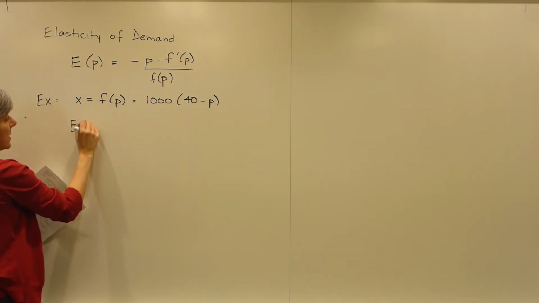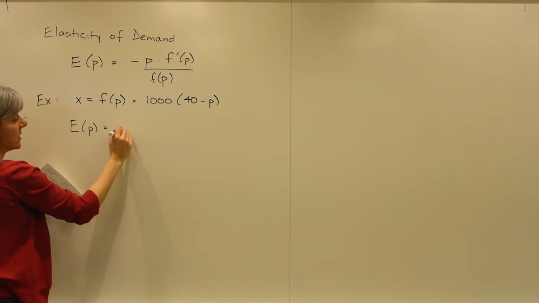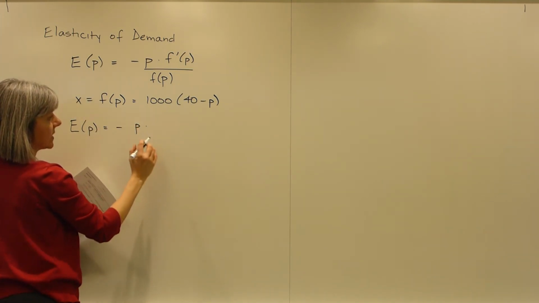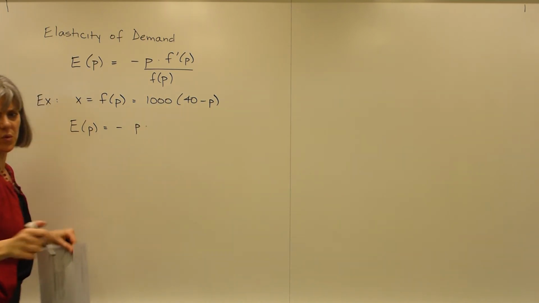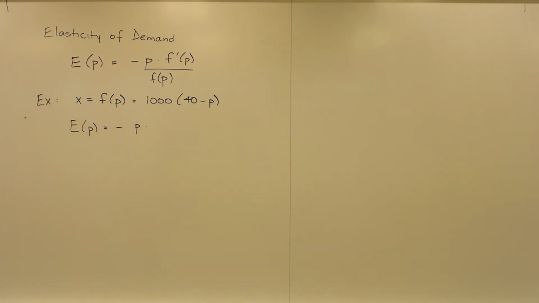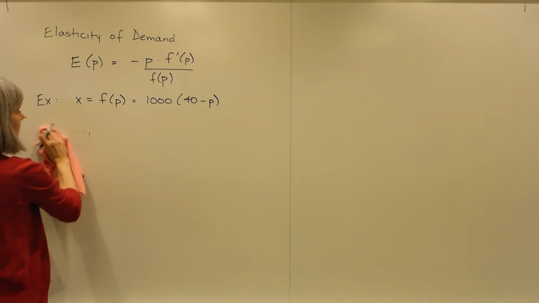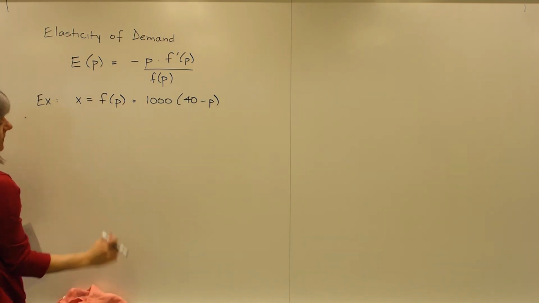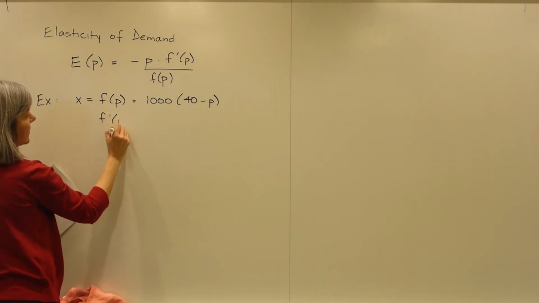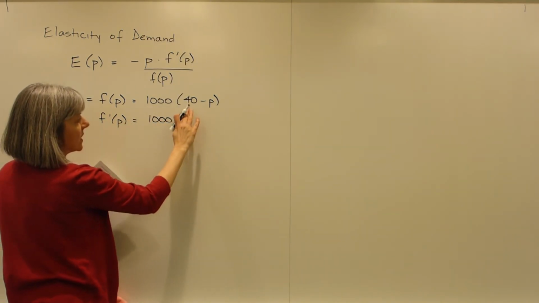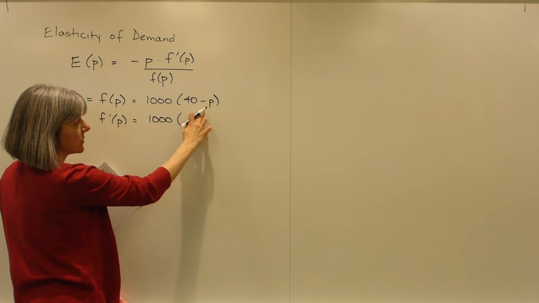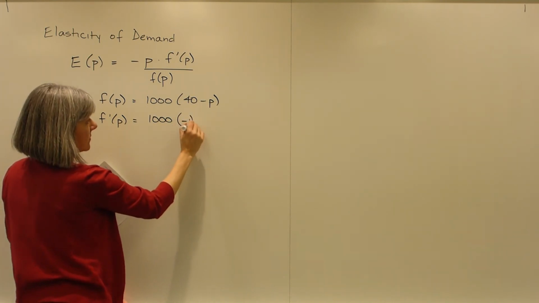So the elasticity of demand is negative P times the derivative of this. So before we get to this point, we may want to write out that derivative. Let's do that. F prime of P is 1,000 times the derivative of 40 is 0 minus 1.